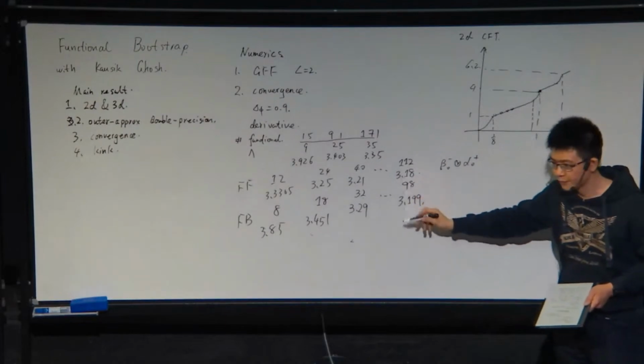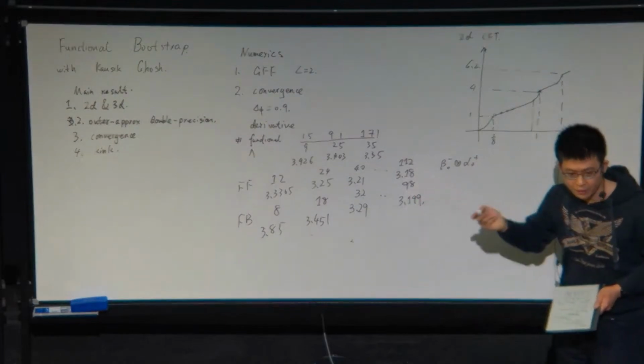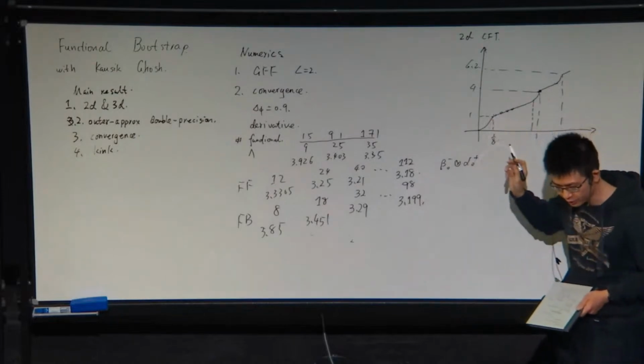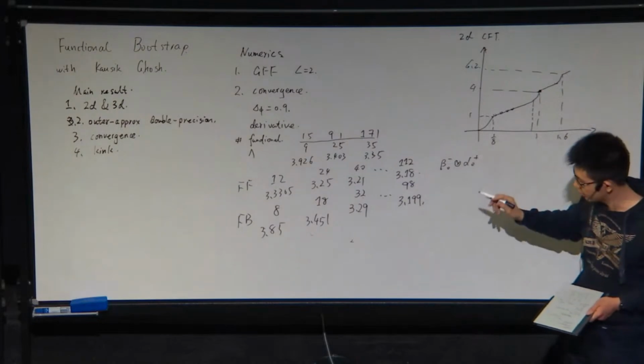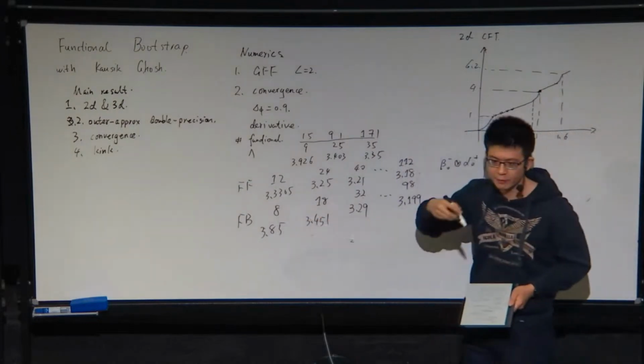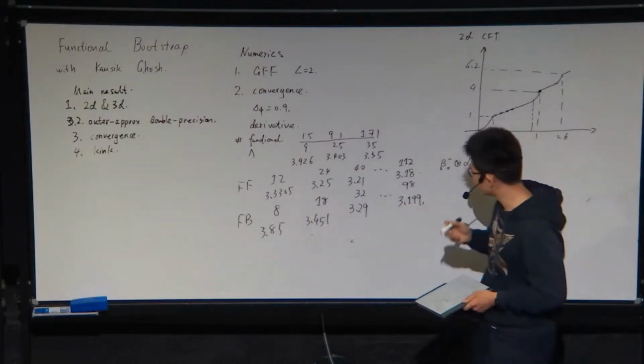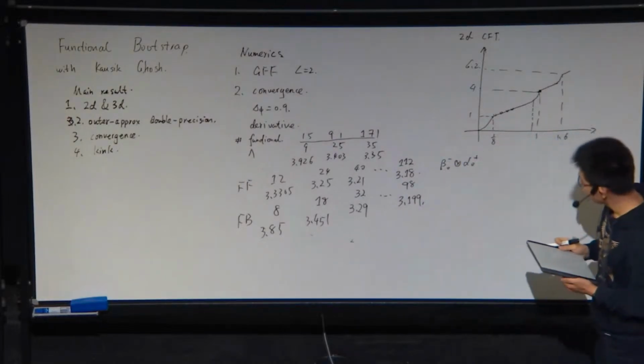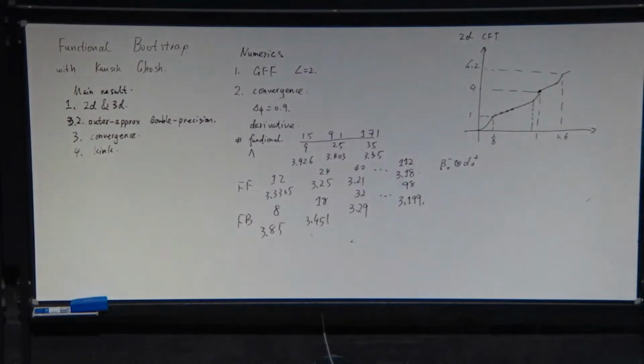But it seems they have similar convergence behavior. Also, around the first corner, that is the first kink, the fermionic bosonic converges slightly better, for some not yet very clear reason.